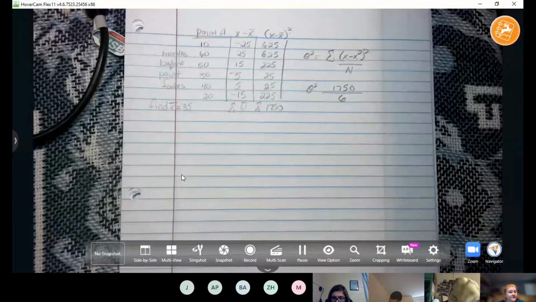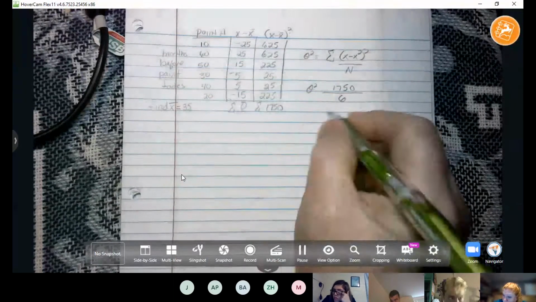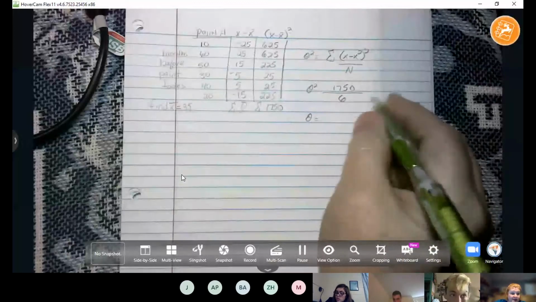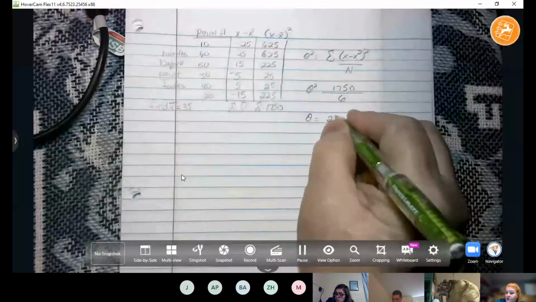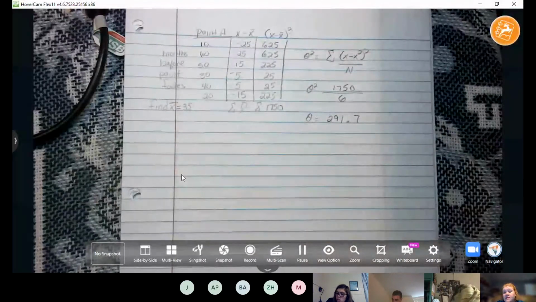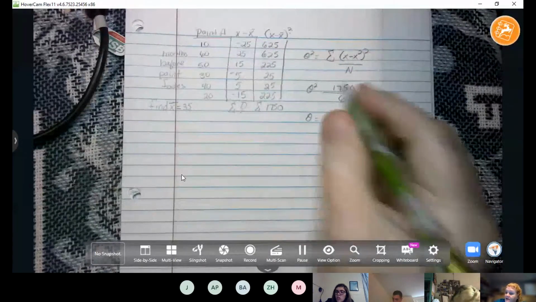We're going to take 1750 and divide it by 6. What do we get? The variance is 1750 divided by 6, or 291.7. That is the variance.